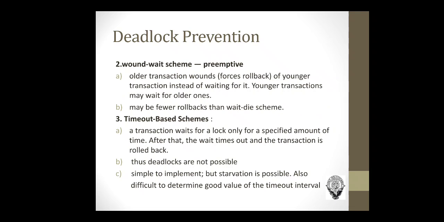The second scheme is the wound-wait scheme, a preemptive scheme. An older transaction wounds the younger transaction instead of waiting for it. A younger transaction may wait for older ones.